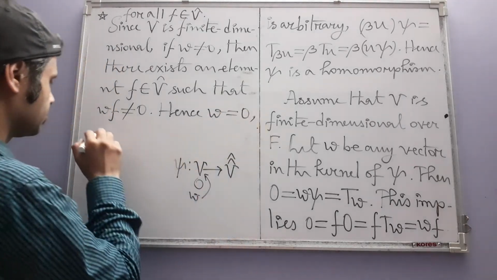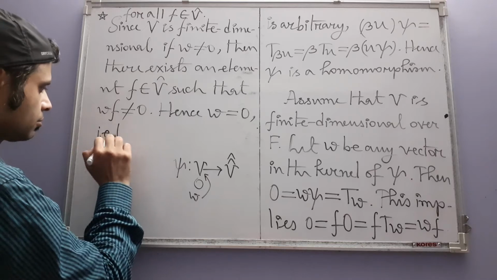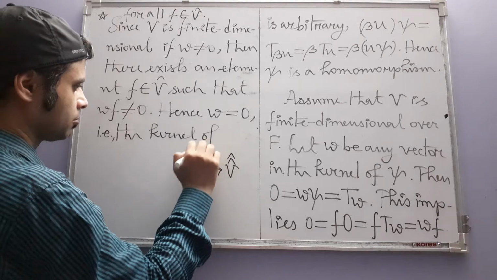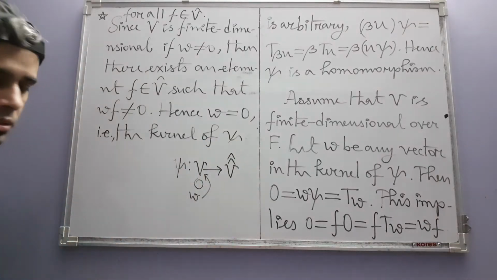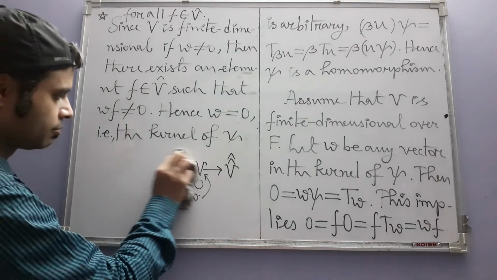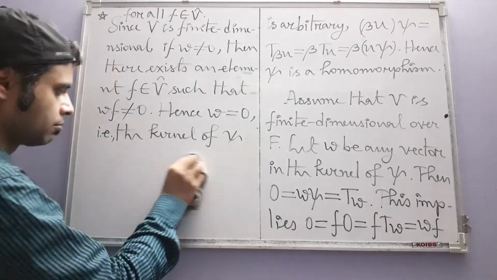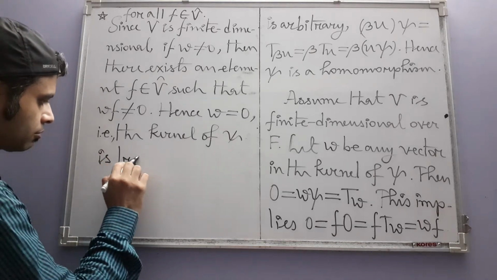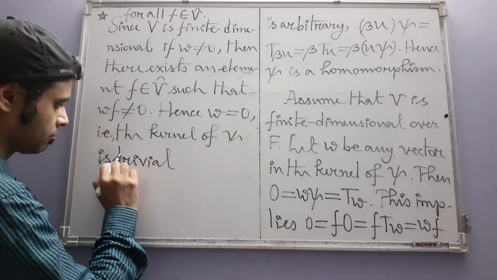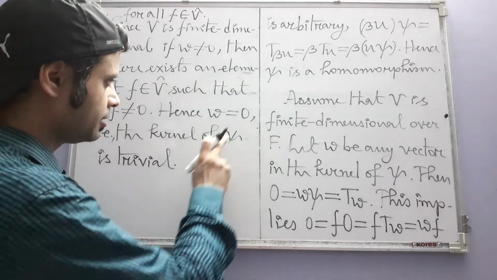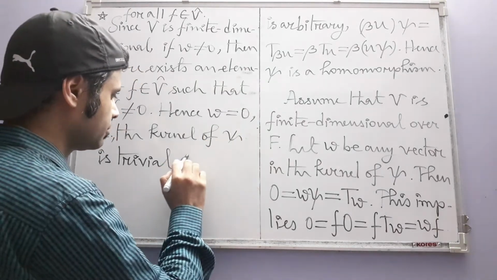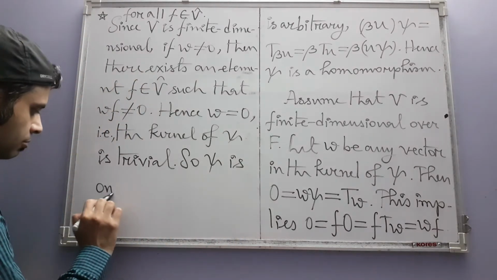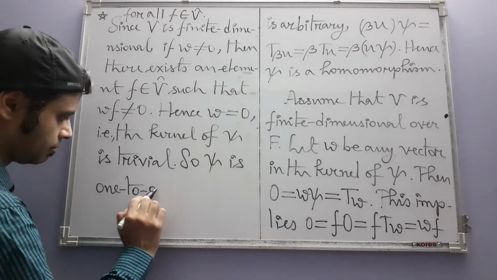That is, the kernel of psi is trivial. Trivial means it has only the 0 element. So psi is 1 to 1.